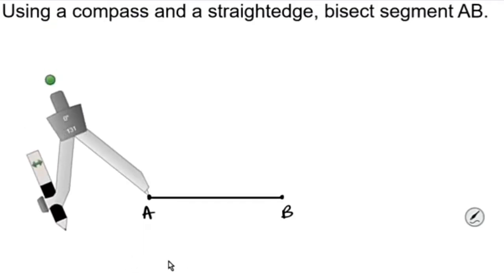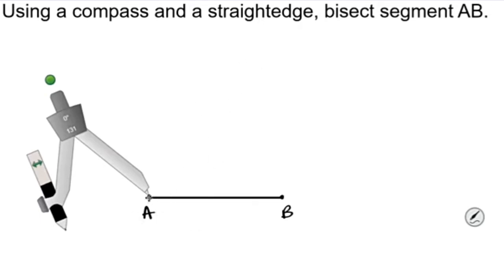Now take the tip of your compass to point A and extend the radius of your compass above the midpoint, though we don't know the midpoint yet unless you measure it, but you can use your eyes to trace it and you know that this place is the middle.